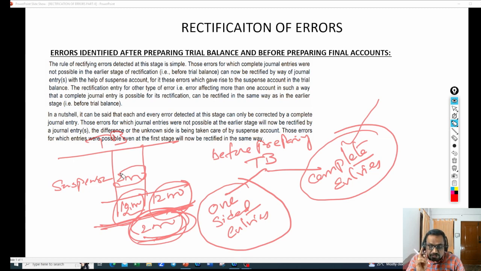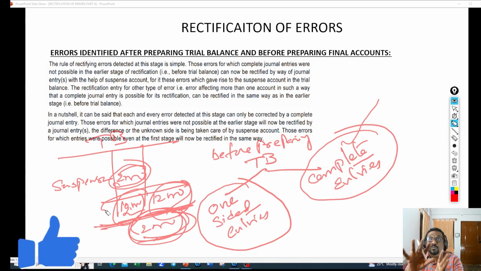As an accountant, it is your responsibility to identify why. How do I identify this 2,000 difference? Whenever the trial balance is prepared and you see there is a difference, you need to transfer that difference to suspense account and then proceed for preparing final accounts.